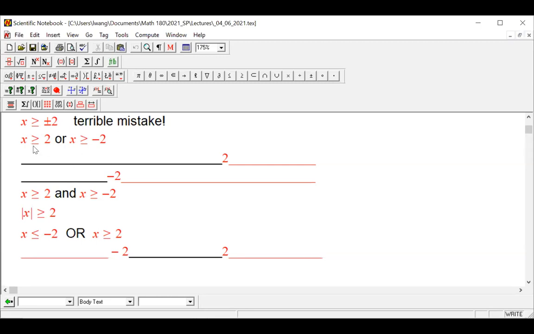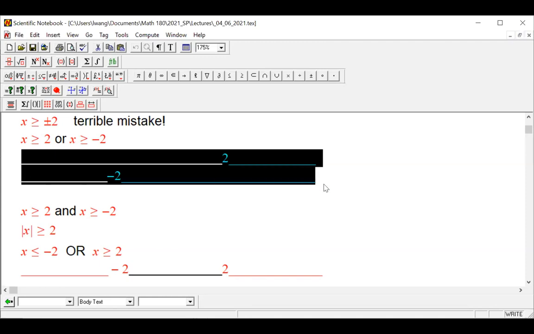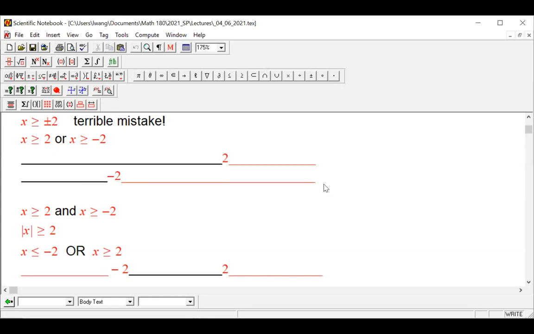So when you OR this, when you have x greater than or equal to 2 or x greater than or equal to -2, this is basically two statements. Remember we learned the truth table about OR? We talked about it yesterday, right?